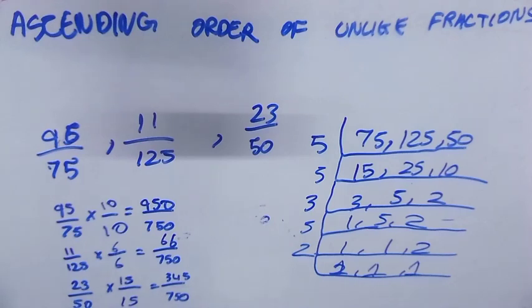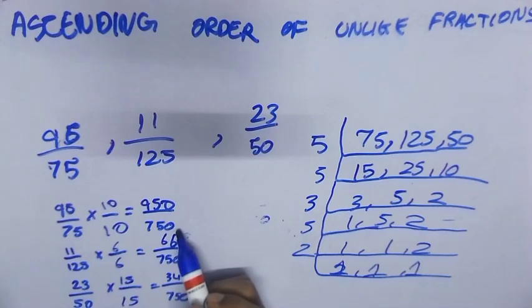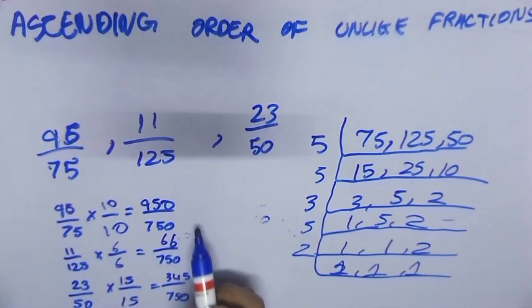So we get the result, the LCM, as the product of 5 into 5 into 3 into 5 into 2, which will be 750. So we first write the first fraction 96 by 75, and then we put a multiplication symbol here, and we draw a fractional line, and then we write equal to, and then a fractional line, and below here we write the LCM of these, which is 750.